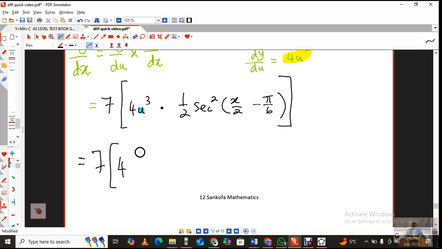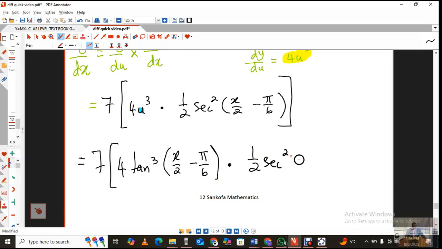And again, our u is tan. Now that 3 is there, you can put it back there. Tan cubed of x over 2 minus pi over 6. This is the u value. Multiplied by a half of sec square x over 2 minus pi over 6.